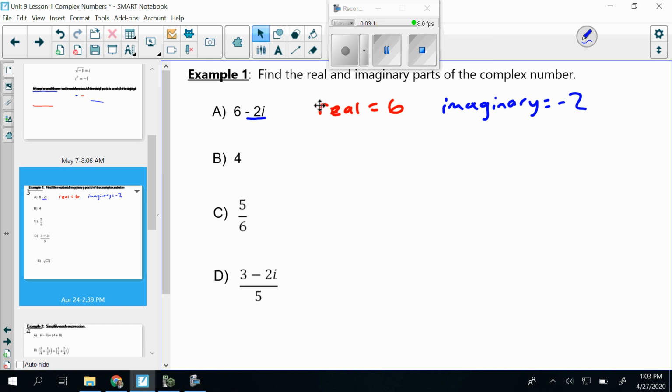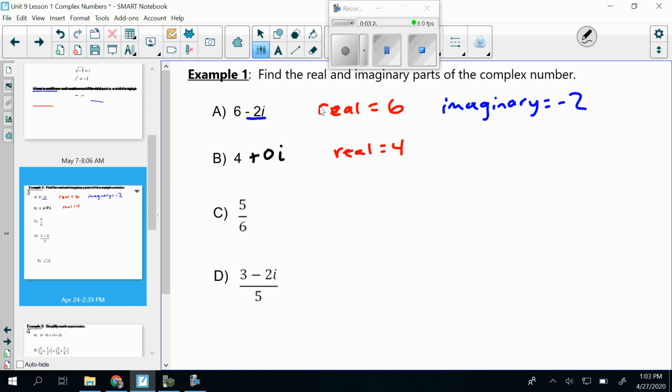You might have only real or only imaginary. With this one, the real part would be 4. There is no imaginary part. If you want, you could think of this as plus 0i, so the imaginary part would be nothing.